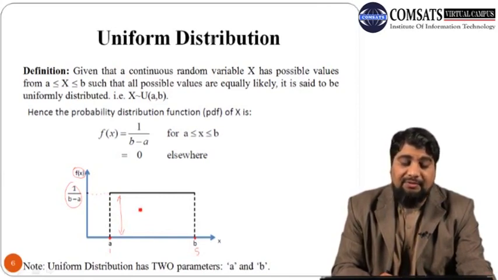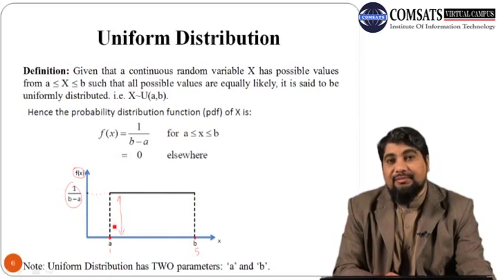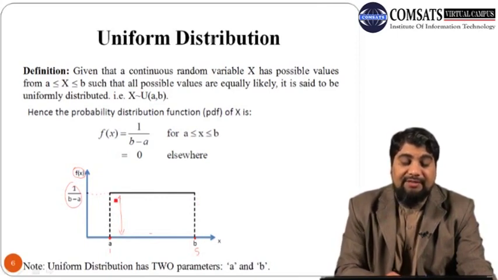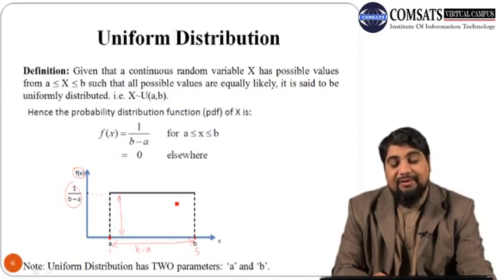You can see that this uniform distribution forms a rectangle from A to B with height equal to 1 over b minus a, whereas the length of the rectangle is from A to B, or this distance. So this distance is actually b minus a.